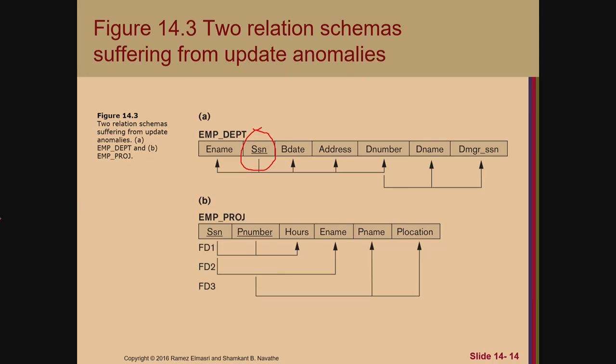But for employee project, here, the smallest set that's still unique is the two of them, SSN and P number together. If you use just SSN, you will have a lot of duplication. Only P number is still a lot of duplication in this table. So we have to use the SSN and P number combination as the smallest set that's still a unique value.